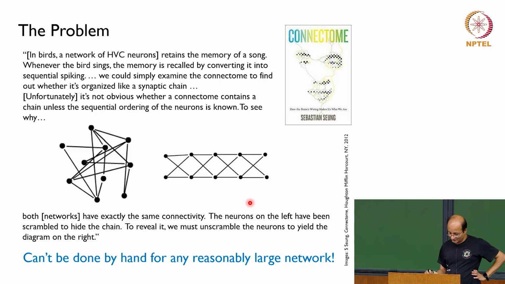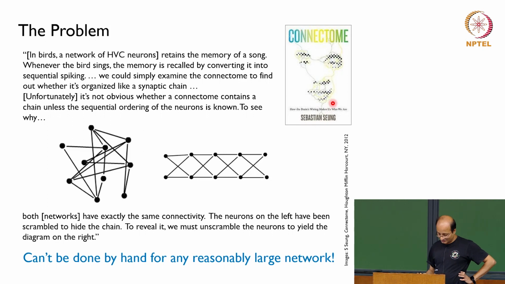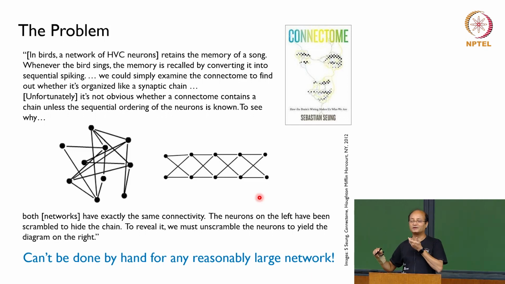For example, in the book Connectome by Sebastian Seung, he makes the point that we know that in certain types of songbirds, there is a particular kind of neuron called the HVC neuron, which is arranged in a sequential ladder kind of thing. This allows the bird to remember a sequence of vocal, muscular movements to be made, which results in a very prototypical song.